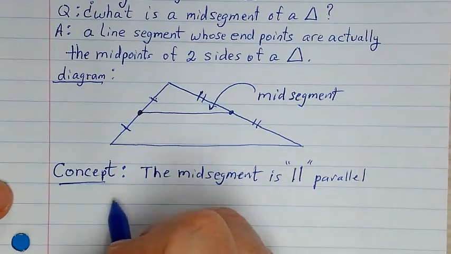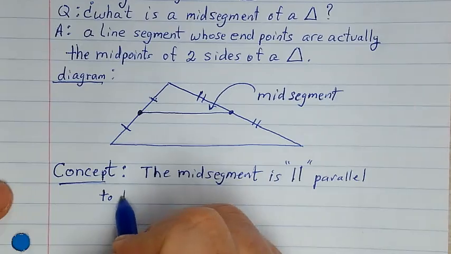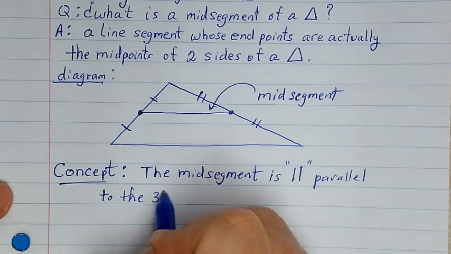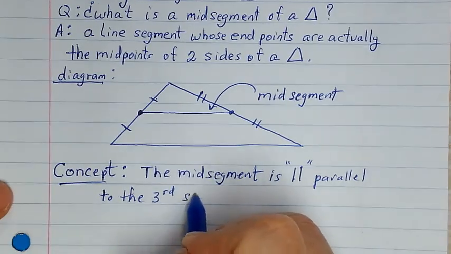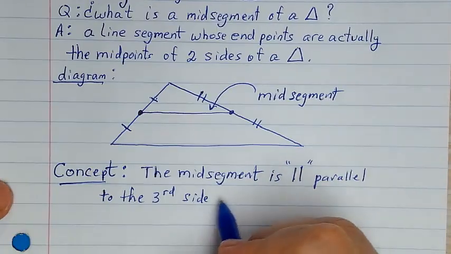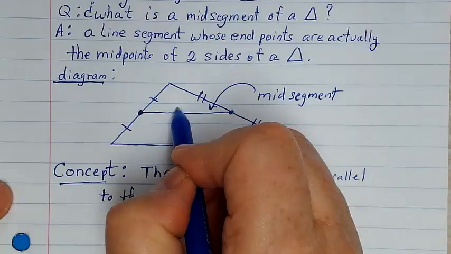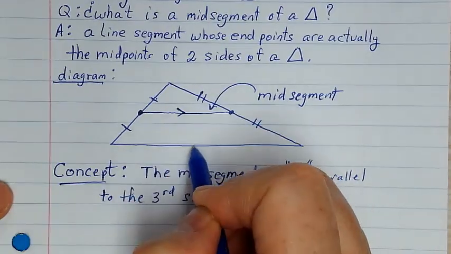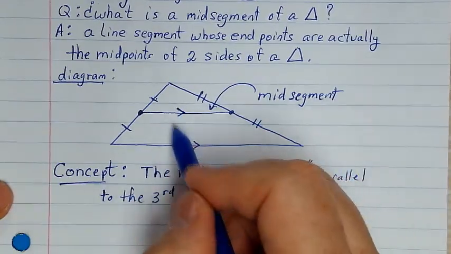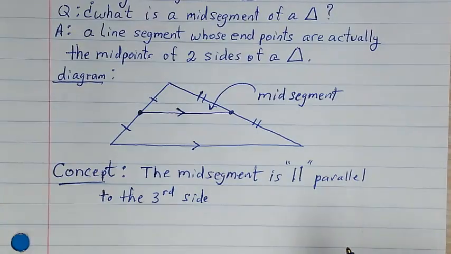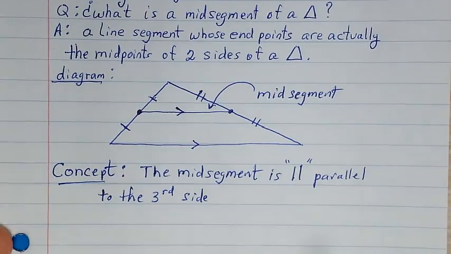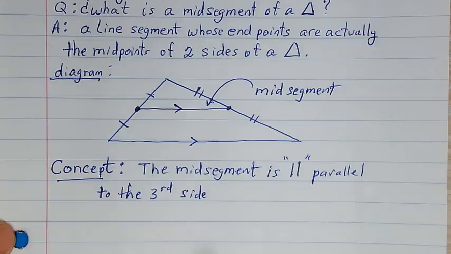The midsegment is parallel to the third side, you know, the side that is not touching. So I'm going to indicate parallel by putting an arrow and an arrow. And when they have the same number of arrows, that means they're parallel. That's one concept. That's one thing you need to know.